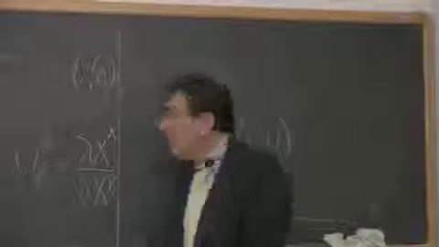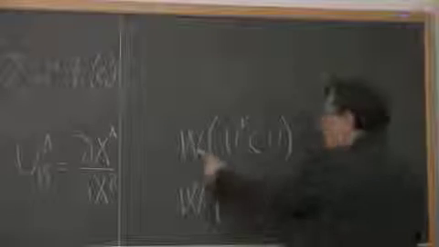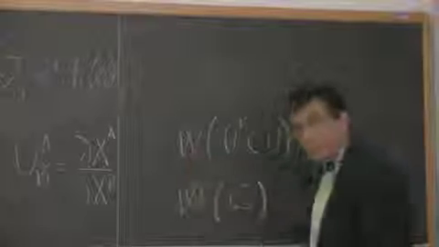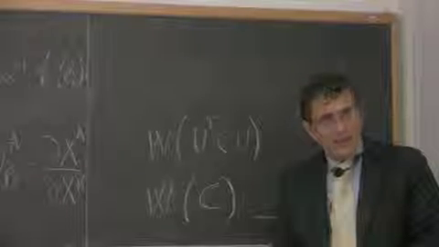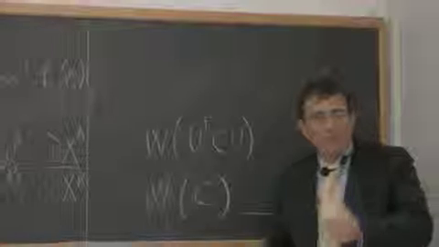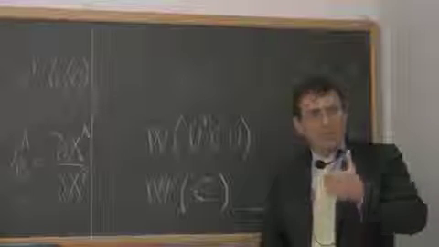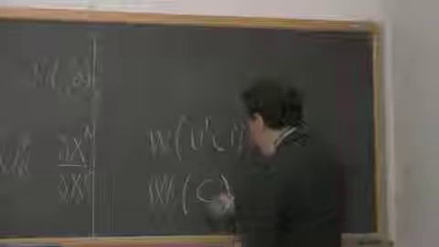Okay? Now, you say that your energy W has the U matrix as a member of its symmetry group if this is equal to that.